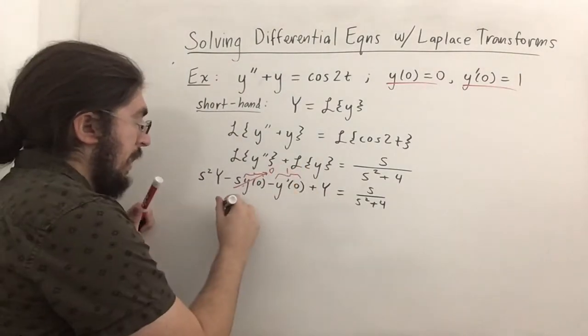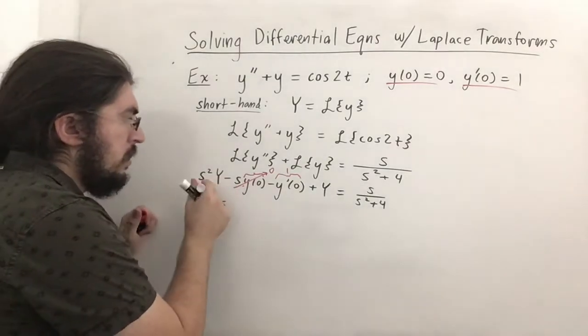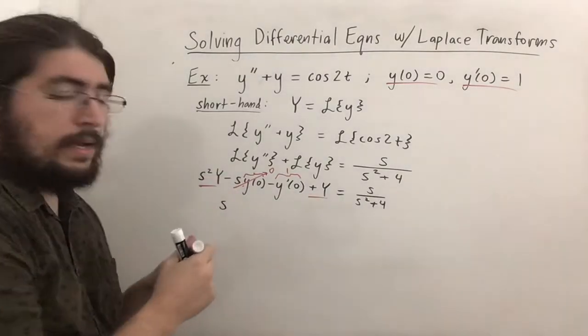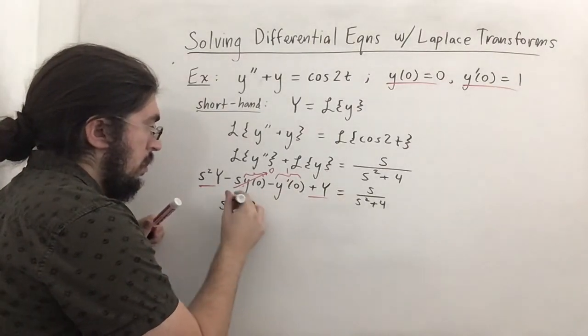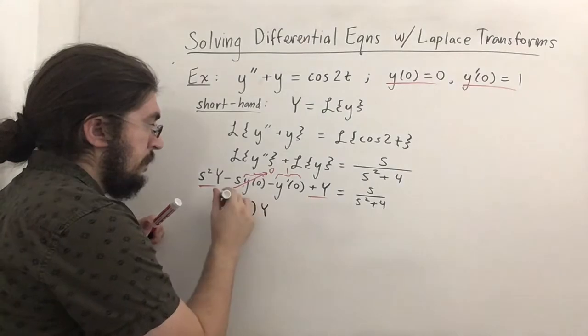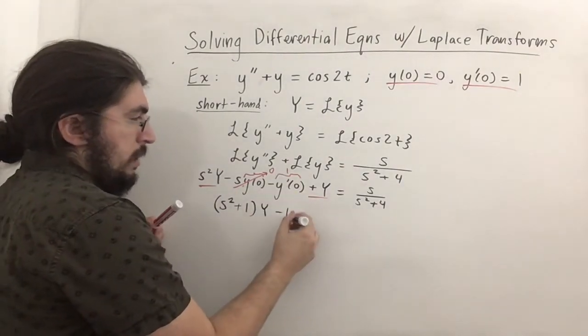So this becomes s squared. Actually, you can combine these. Look. So s squared Y plus Y is really just s squared plus 1, all times Y. And then here we just have minus 1.